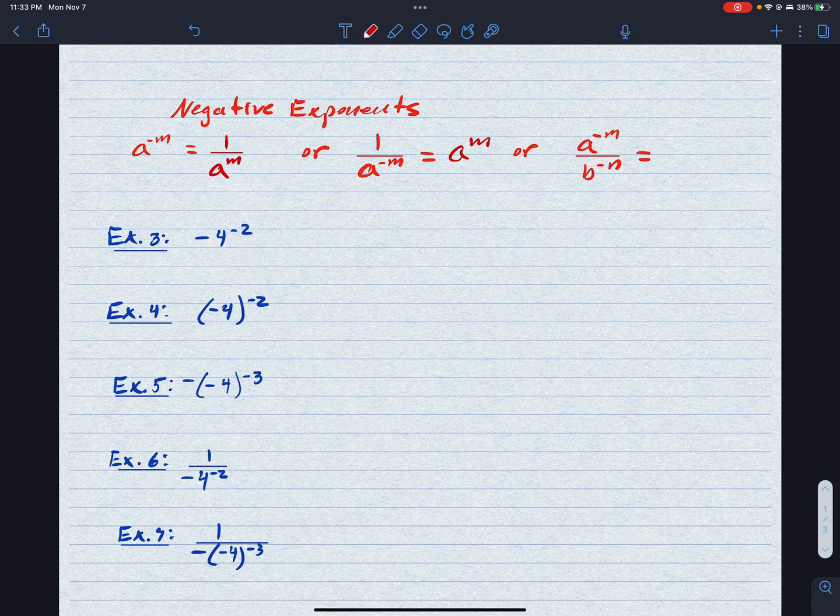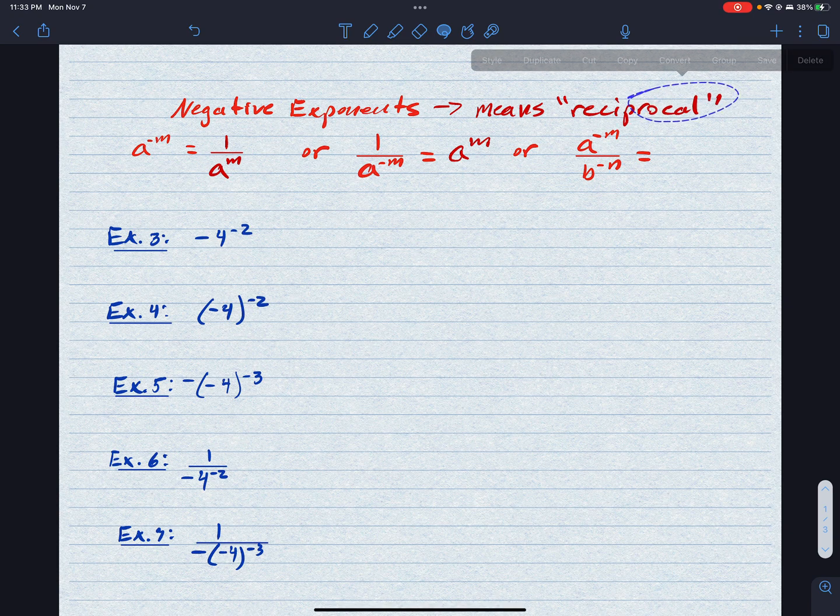Again, the negative exponent forces it to shift from its position either to the top, or if it's on the top already, to the bottom. In other words, a negative exponent means reciprocal. We take the reciprocal of whatever it was that we were given.